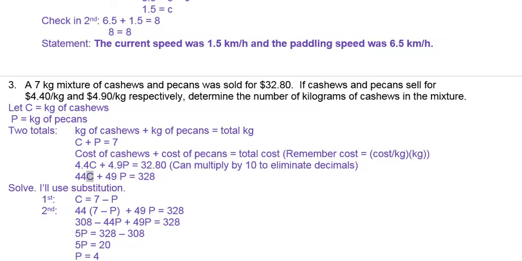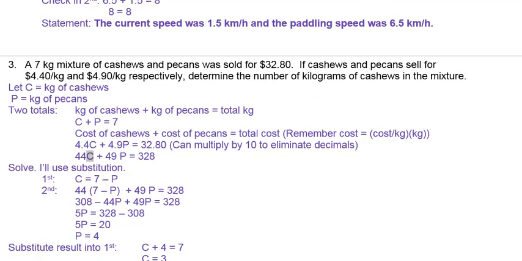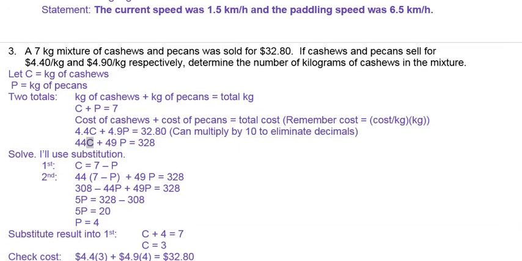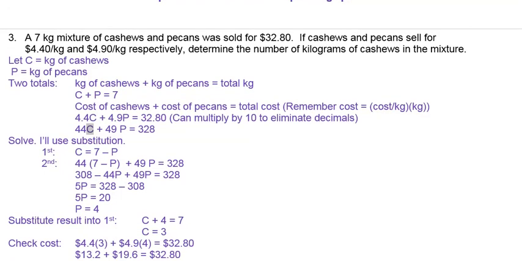So to finish our calculation, we have to substitute this back to find our kilograms of cashews. So we get 3 kilos of cashews. We can check in the cost. The cost of the cashews is working out to $13.20. The cost of the pecans is working out to $19.60.